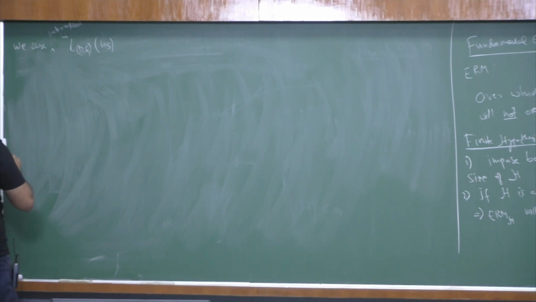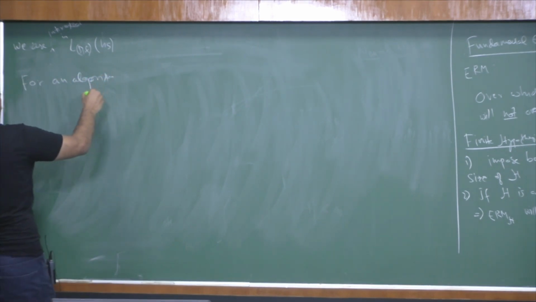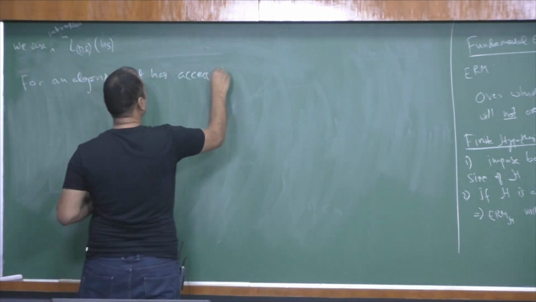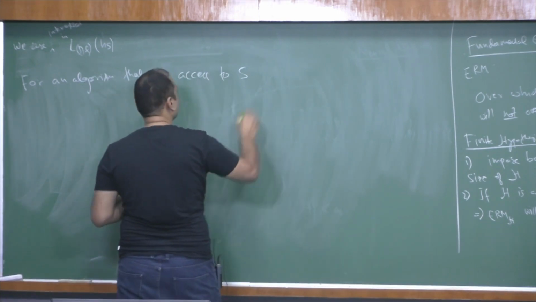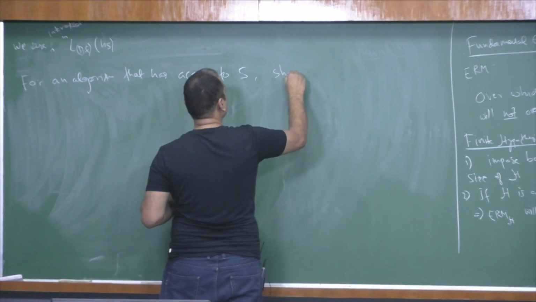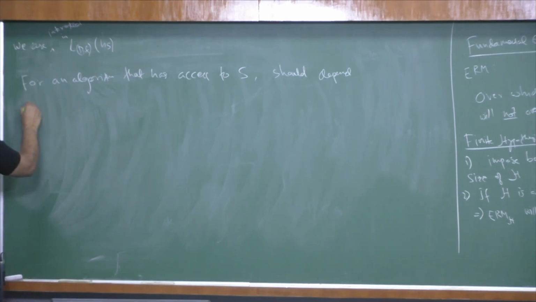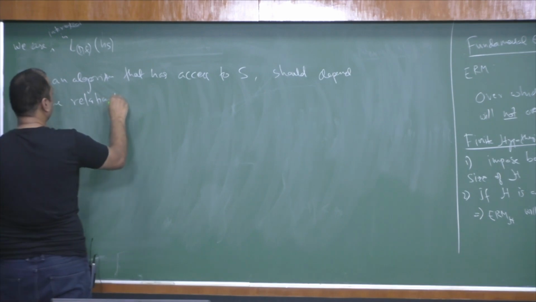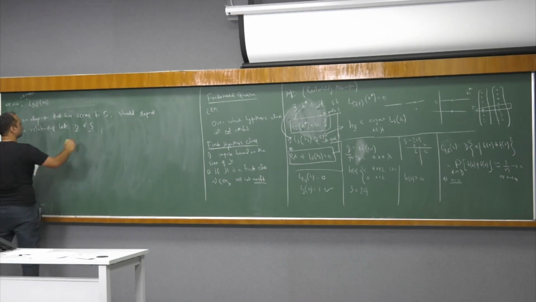So for an algorithm that has access to the sample S, it should depend on the relationship between D and S. D is the distribution, S the sample.